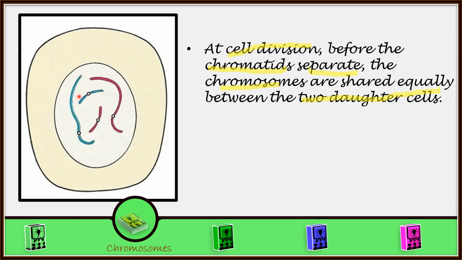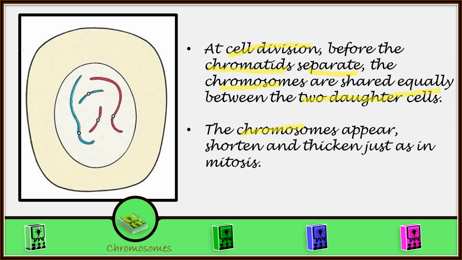The chromosomes are going to have chromatids, and these chromatids are going to separate, and they will be shared equally between the two daughter cells that are going to be formed.